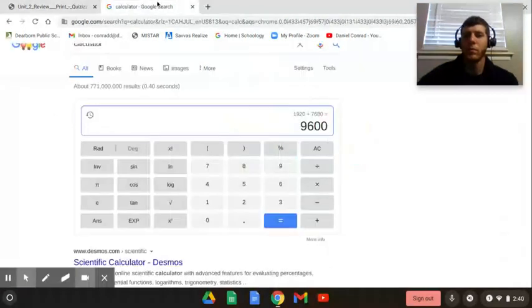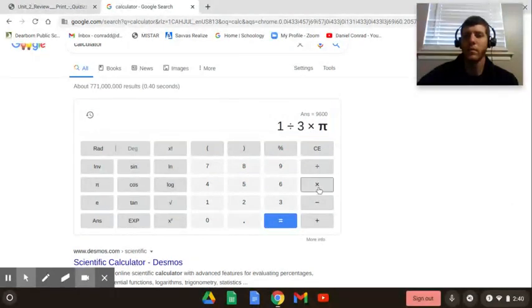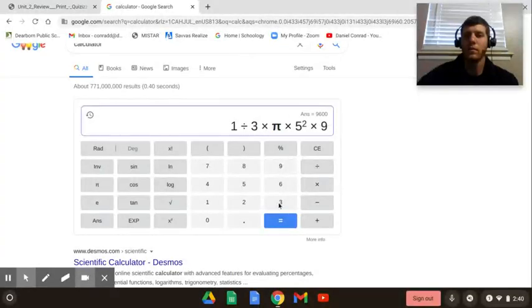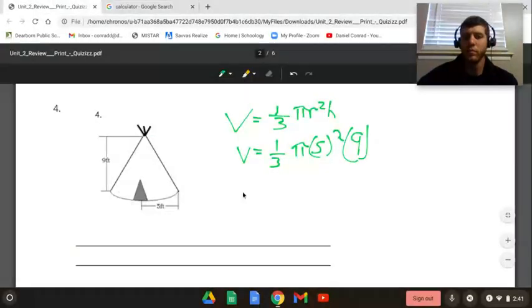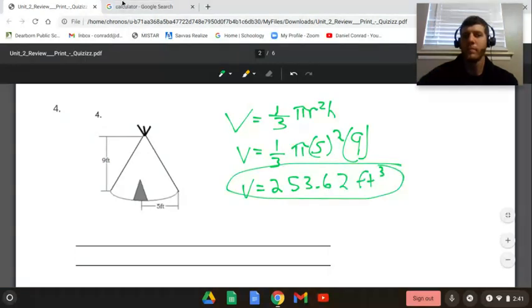Okay, so 1/3 times pi times 5 squared times 9. That's going to give us 253.62. And again, that's feet cubed because it's volume. It's three-dimensional.